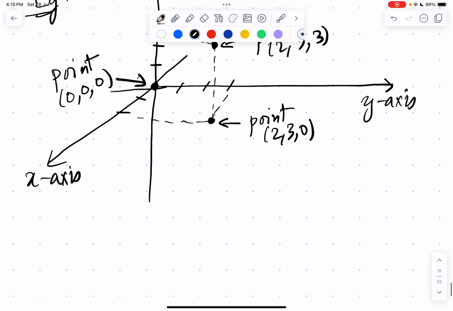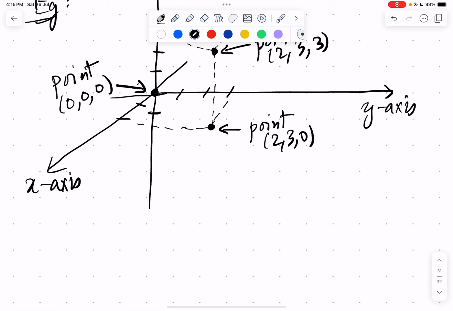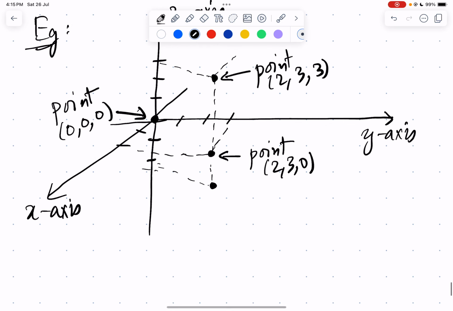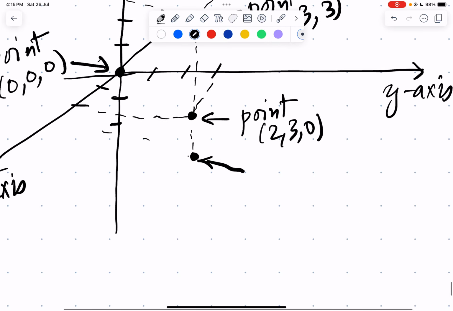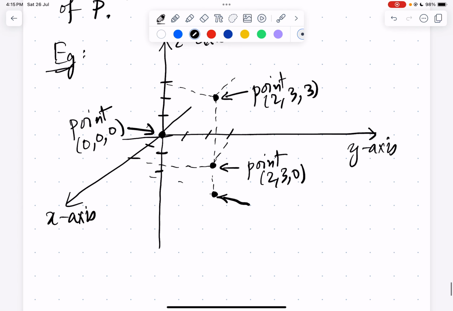Then likewise, you can have another point just a bit below this 2 comma 3 comma 0 point. It's hard to draw, but you get the idea.